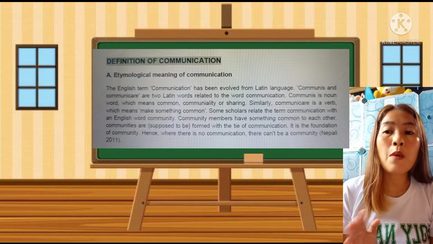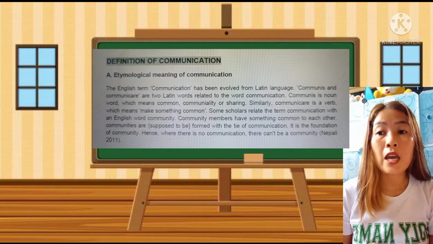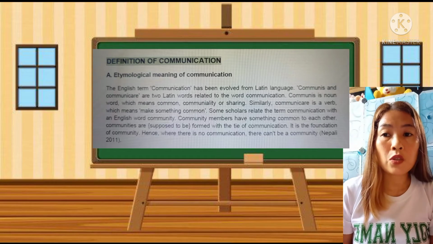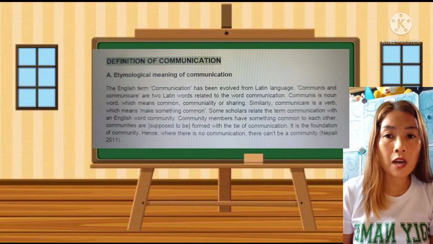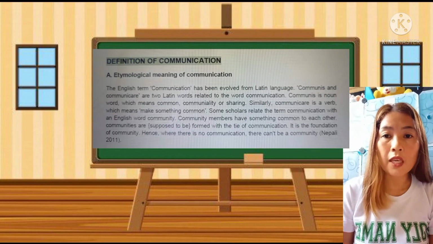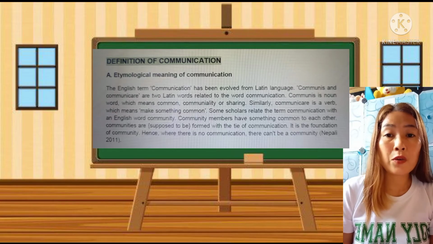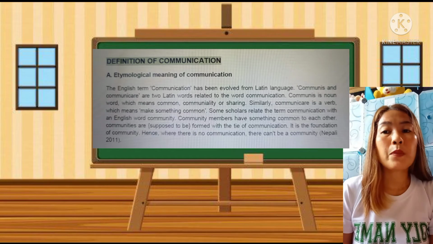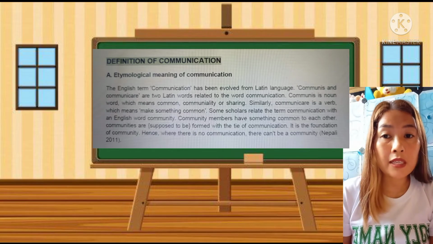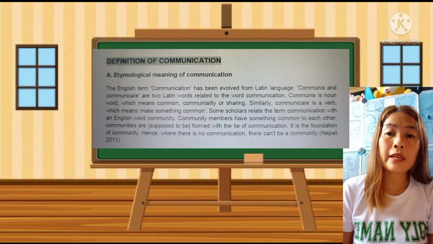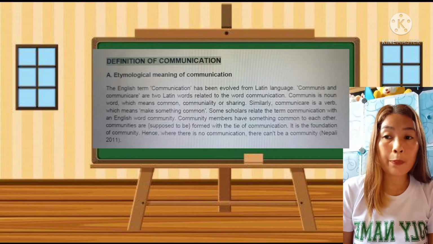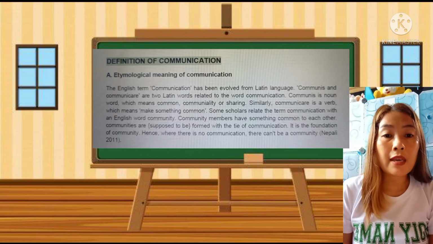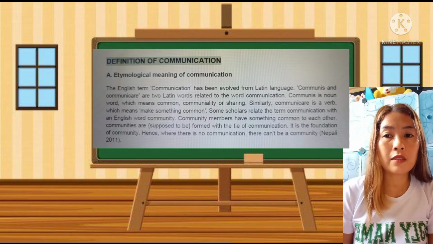These two words are Latin words related to the word communication. Communis is a noun which means common, communality, or sharing. Similarly, communicare is a verb, which means make something common.